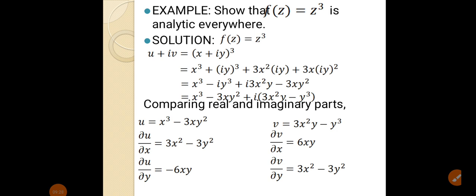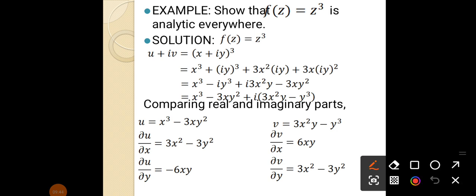Okay. Now ahead, we have u is equal to x cube minus 3xy square. Therefore, we take the partial derivative with respect to x. Then we get del u by del x is equal to the derivative of x cube, which is 3x square, and the derivative of 3xy square is 3y square, since y square is constant and the derivative of x is 1.